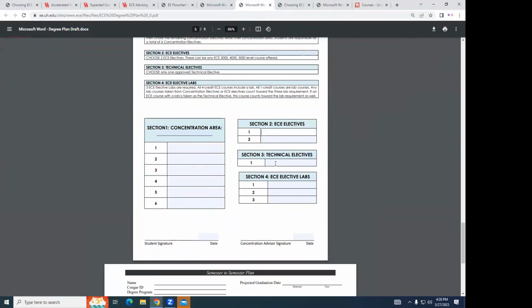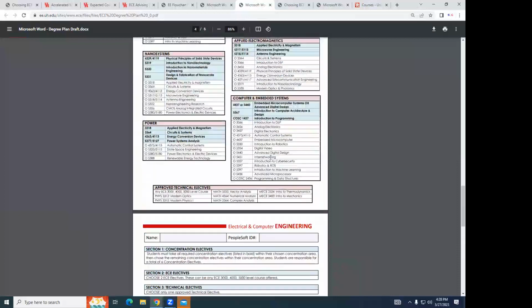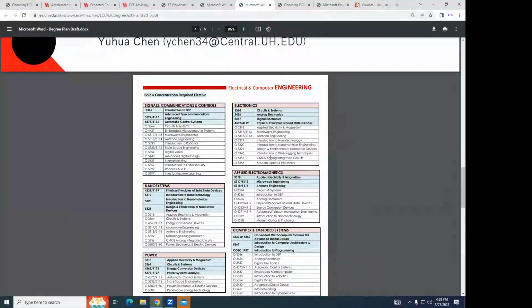If you were to choose ECE courses for all 3 of these, you would effectively have almost 2 concentration areas, right? Here's a concentration area with 3 required electives. So if you did electronics and then did these courses as well for your 2 electives and your technical elective, you kind of sort of have 2 concentration areas, right?